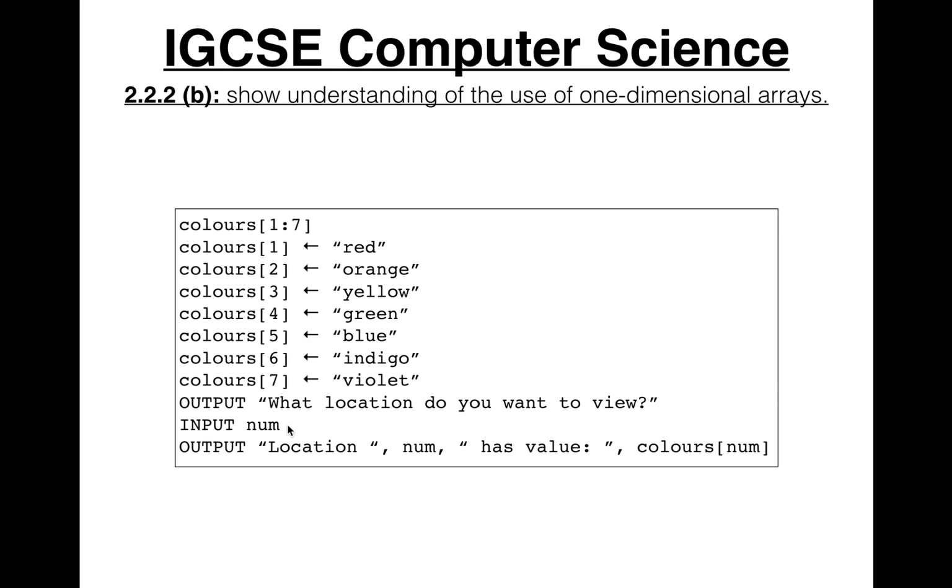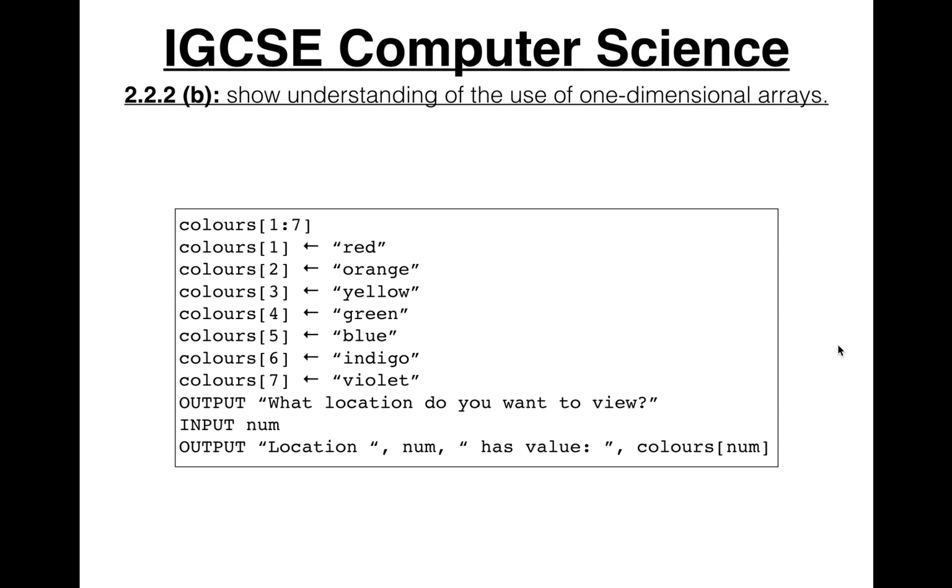For example, if they want to view green, they'll input 4, and it'll say location 4 has value green. So that's pretty much how it works. So you can get a value from an array using a variable.